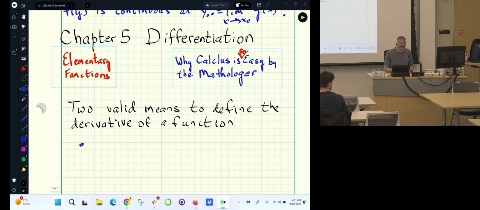One derivation is the traditional local slope, otherwise known as rise over run. And the other method is local linear approximations.